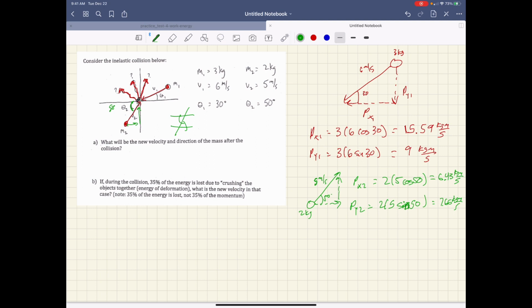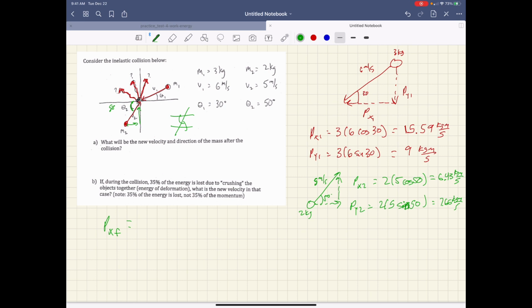Now we know that the px final of this final object is going to be... At this moment, we're going to pause for a second. This is something I sometimes catch at this stage. When I'm trying to add up all the net momentum, I double check the direction of the momentum.